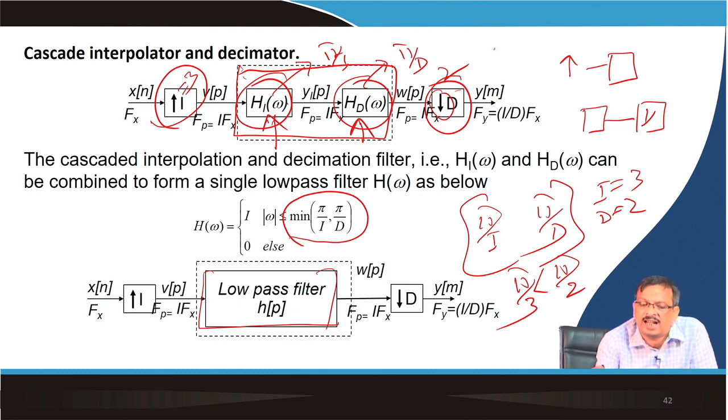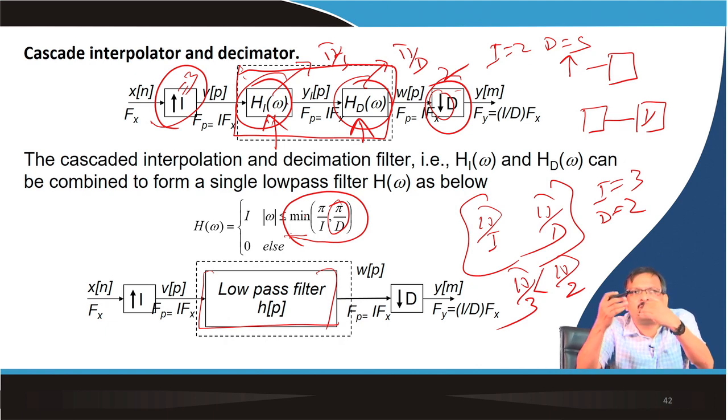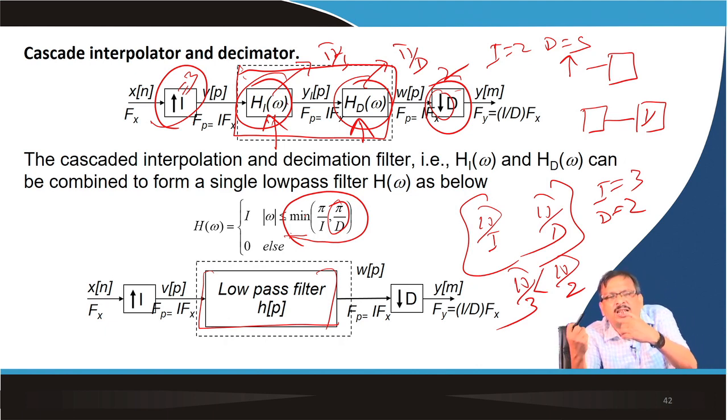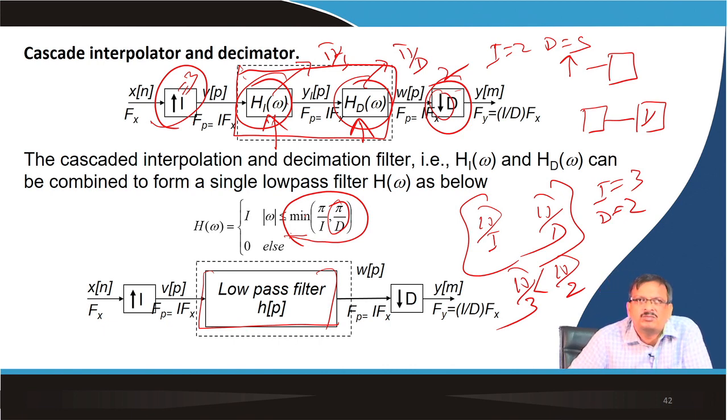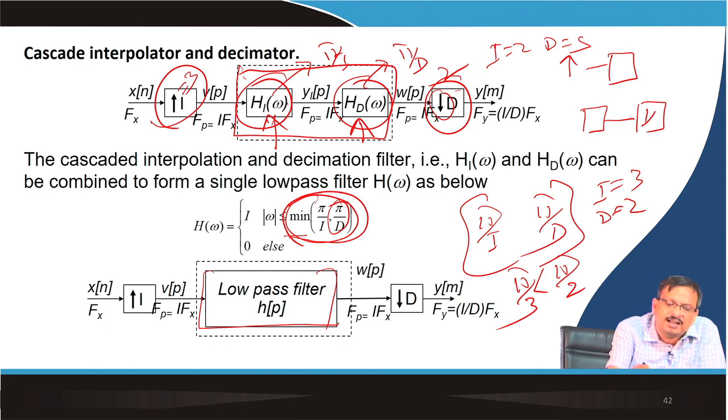In case of, let us say, I equal to 2 and D equal to 5, then the cutoff will be pi by 5 only, because the input which can be accepted by the downsampler is only pi by 5. So, I cannot produce an output which is pi by 2. So the cutoff frequency is whichever is the minima, but yes, I can combine these two low pass filters in a single low pass filter.